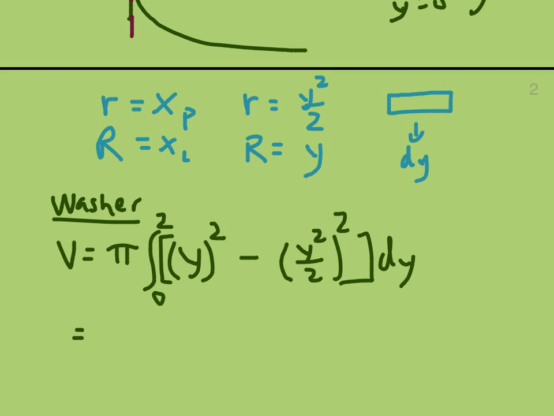And so our volume is pi times the integral from 0 to 2 of y squared minus 1/4 of y to the 4th.